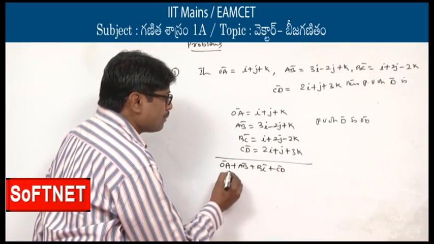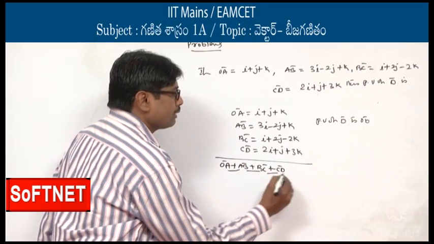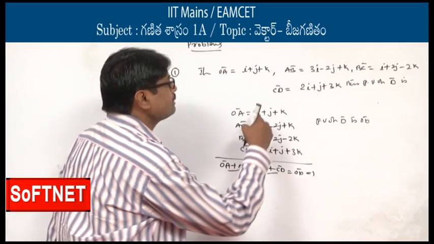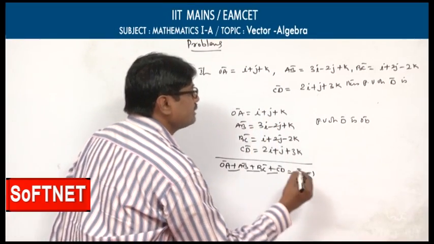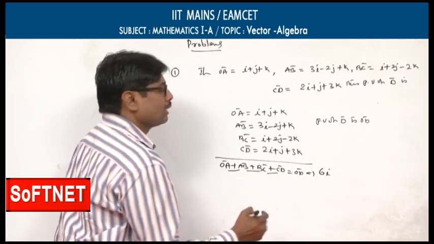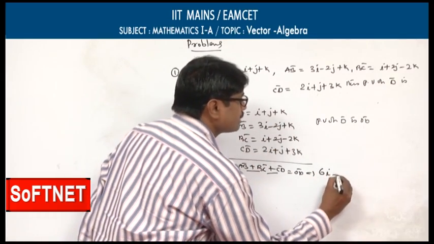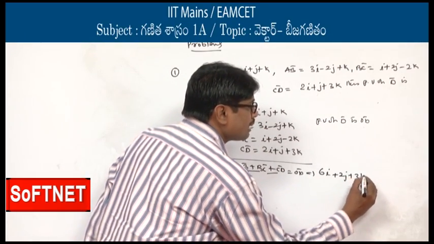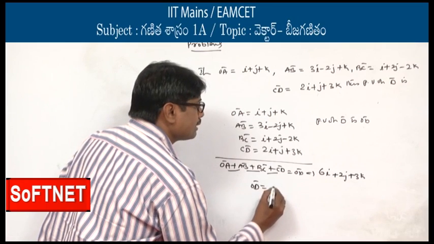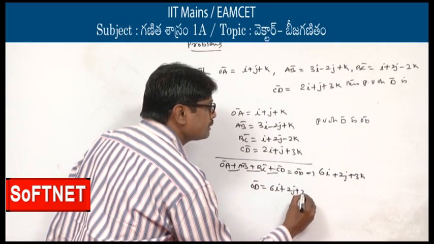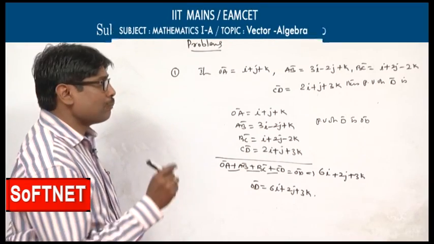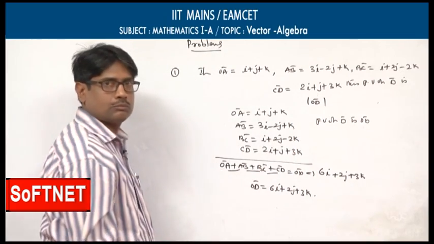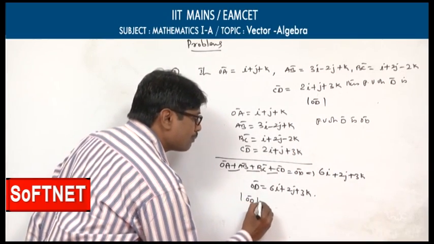OA bar plus AB bar is connected, and the resultant of all these vectors is OD bar, that is 3I bar plus I bar plus 2I bar, which is 6 times I bar. Minus 2J plus 2J cancel, leaving 2 times J bar, and minus 2K plus 2K leaves 3 times K bar. So the vector OD bar is equal to 6I bar plus 2J bar plus 3K bar. If only the position vector is asked, that's it; but if asked for the mod of OD bar, find its length too.